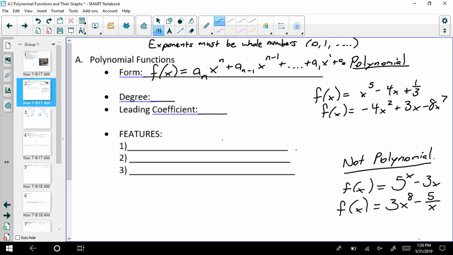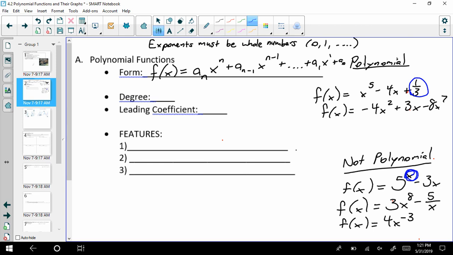So if you see something with negative exponents, like I'll put it down here, 4x to the negative 3, that is not a polynomial. All of the exponents have to be whole numbers. Now, like on this one up here, I don't care that there's fractions as long as they are not the exponent. If you have variables as the exponent, that is not a polynomial.